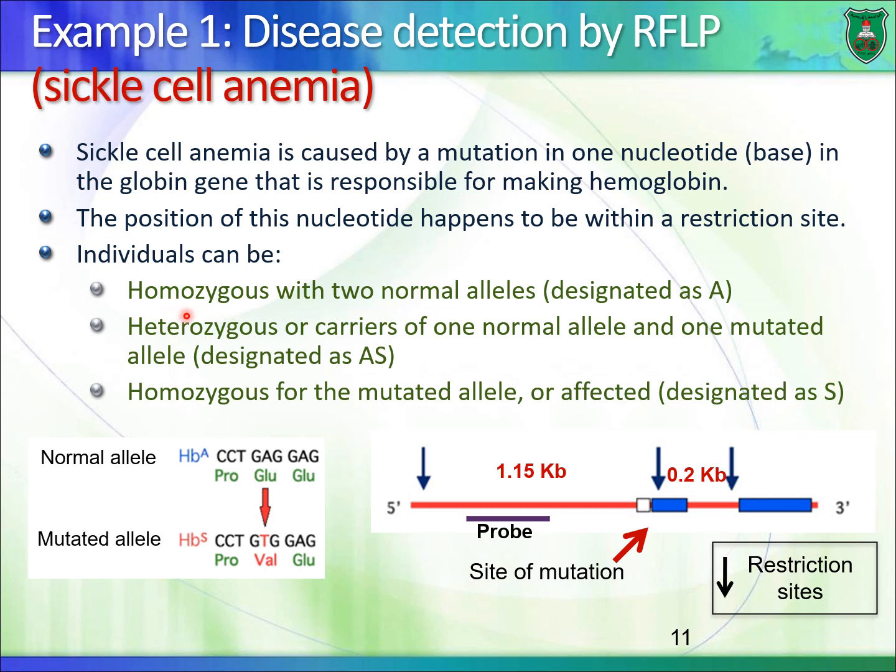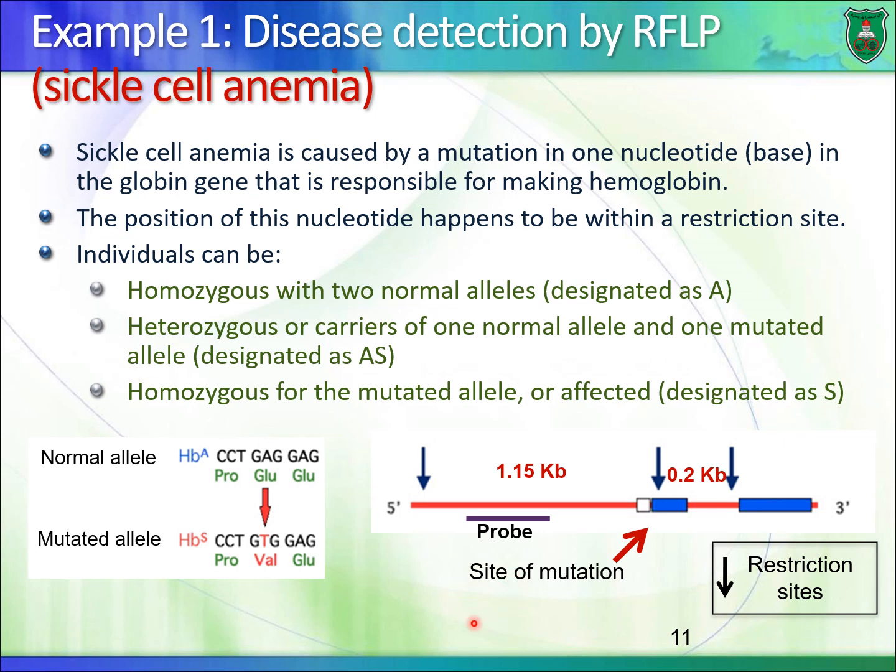You can have someone who's homozygous for normal alleles. That's a normal individual designated as A. A person being homozygous for the mutated allele, and this person is designated as S for sickled. And a person can be a carrier or heterozygous, having one normal allele and one mutated allele.